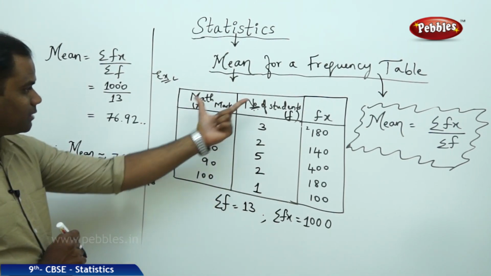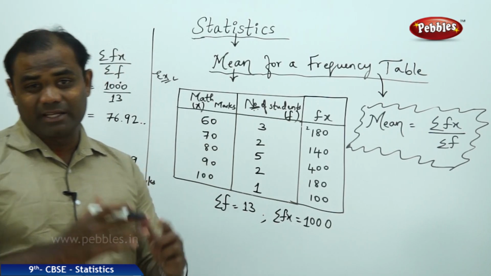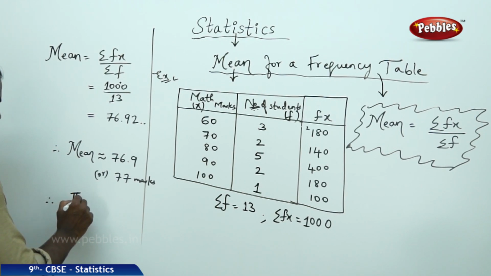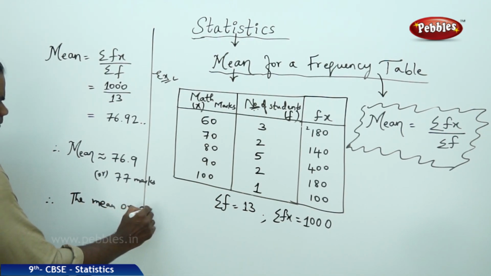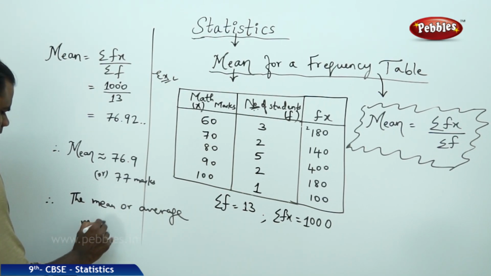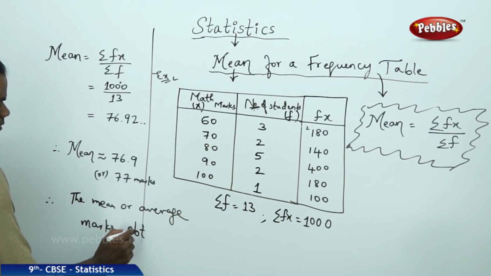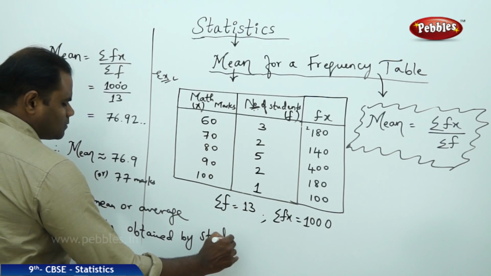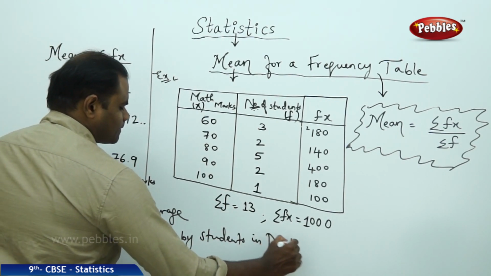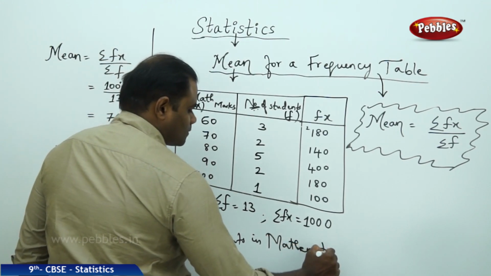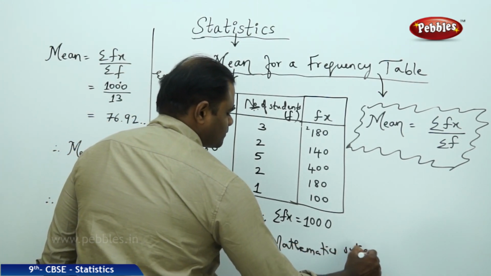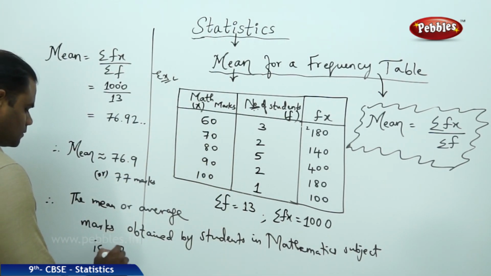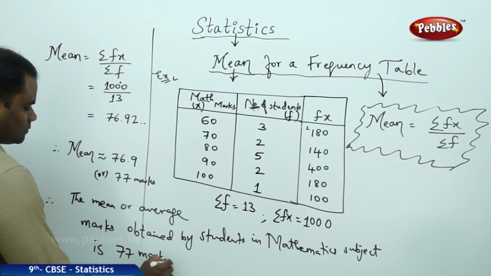So based on the entire marks and the number of students who got those marks in the entire class of 13 students, I can make out that therefore the mean or average marks obtained by students in mathematics subject is 77 marks.